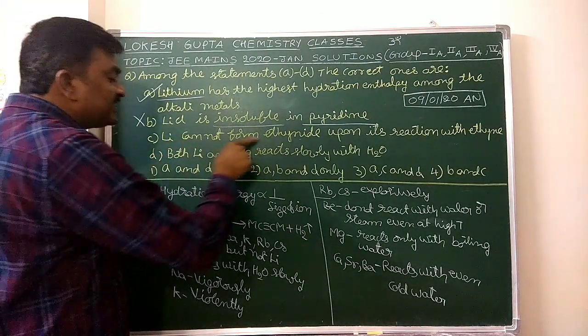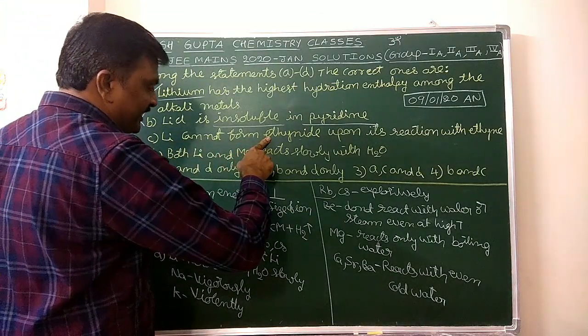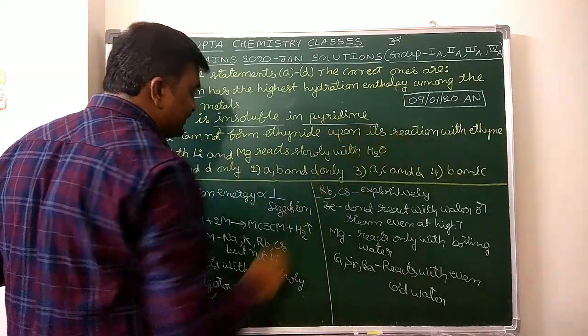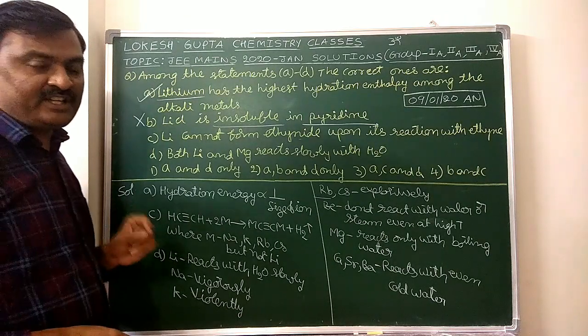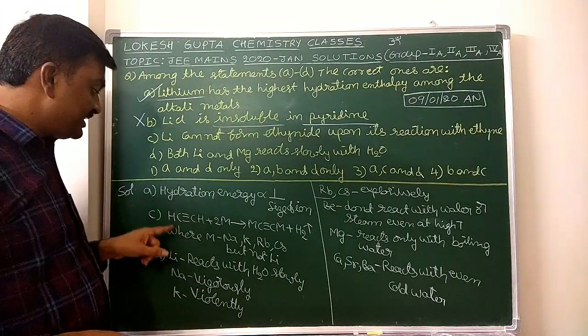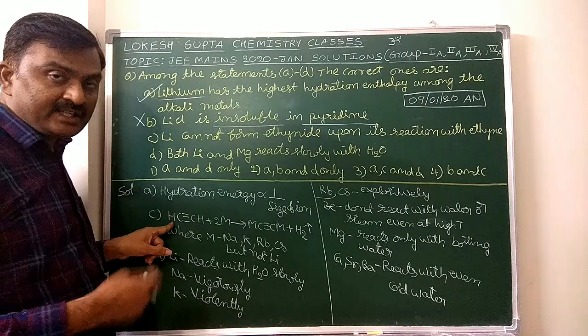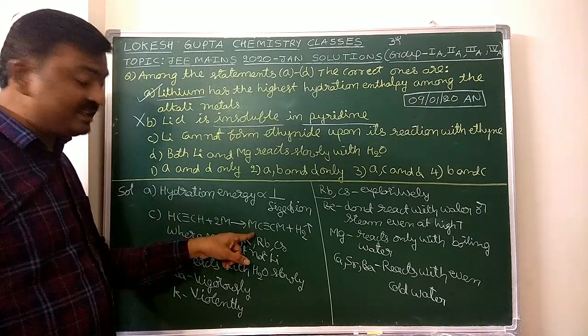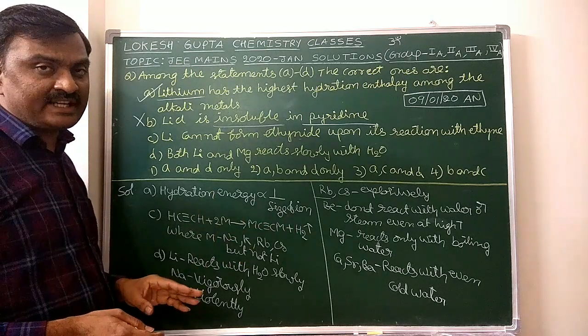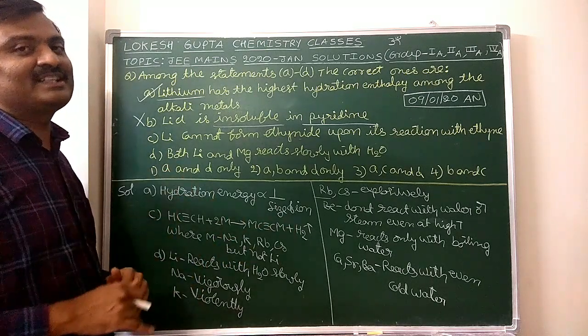Next, lithium cannot form ethynide upon reaction with ethyne, means acetylene. It is the anomalous behavior of lithium. See, all 1A group elements can react with ethyne or acetylene and form ethynide, with hydrogen gas liberated, except lithium.